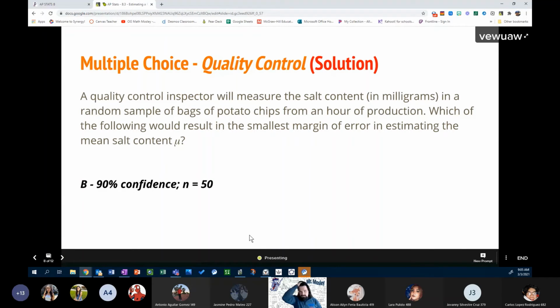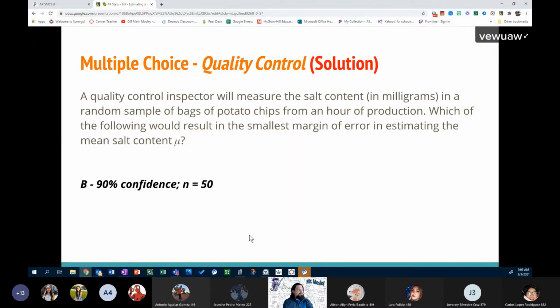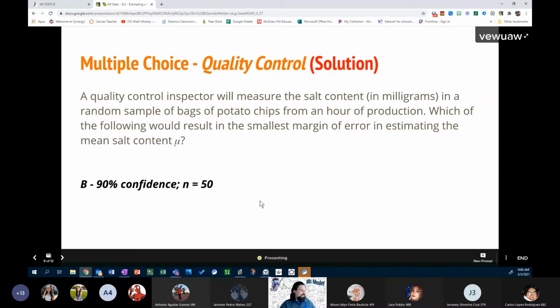So in this case, option B, 90% confidence with n equaling 50, is going to result in the smallest margin of error in estimating the mean salt content mu. The best way I can show this is by looking at table B and the difference in how things are calculated.